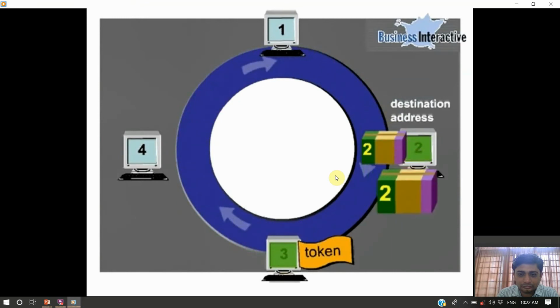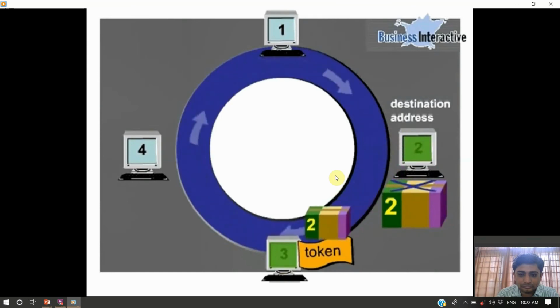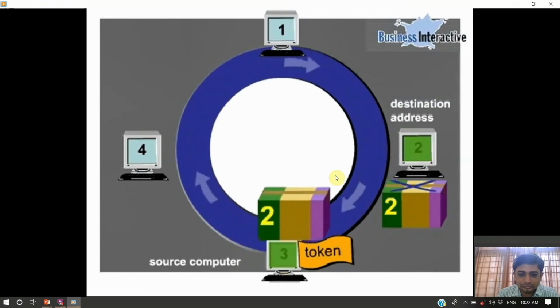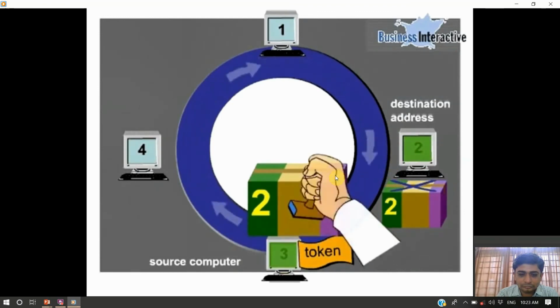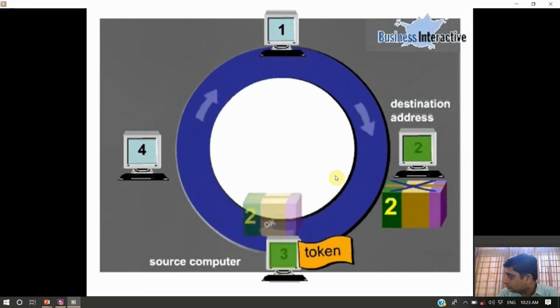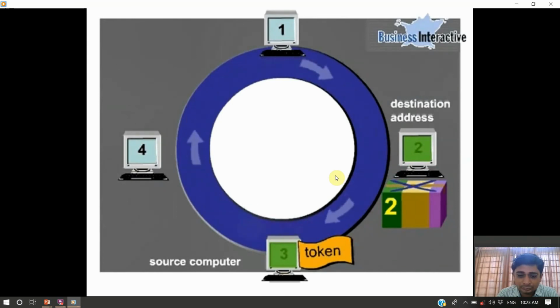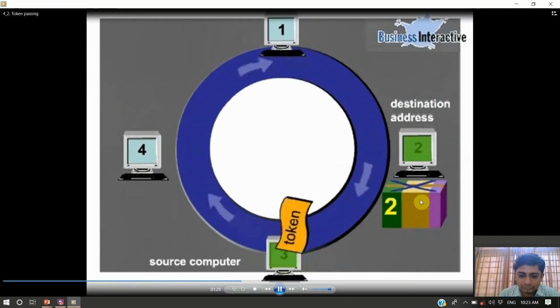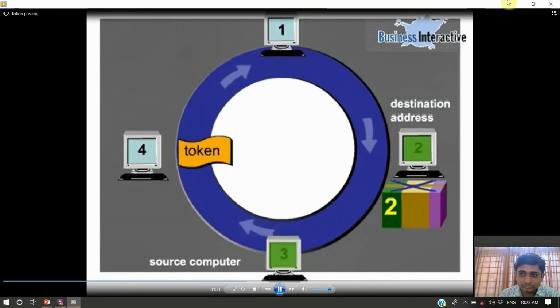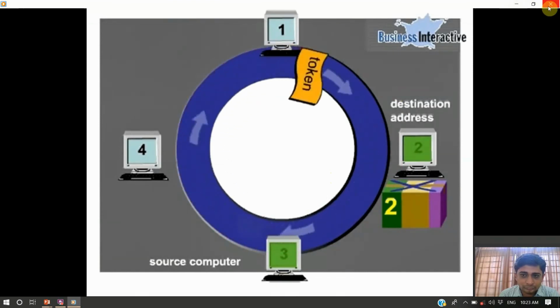The frame is then copied by the destination computer and marked to indicate that the data has reached its destination. Then the frame is passed around the ring again until it gets back to the source computer, where the transmission is confirmed as successful before the frame is deleted. Afterwards, the source computer sends out a new token to the ring, so the other computers can transmit their data as well.